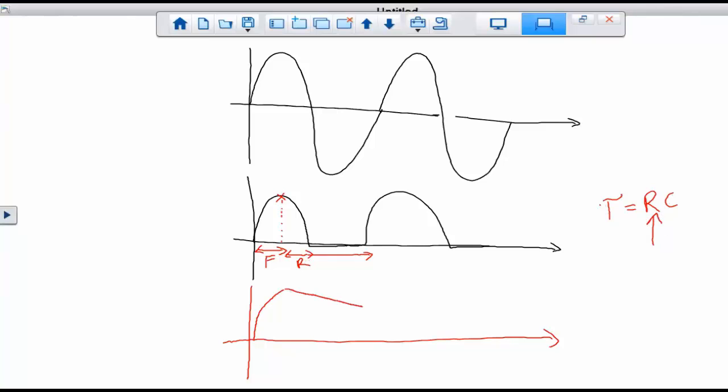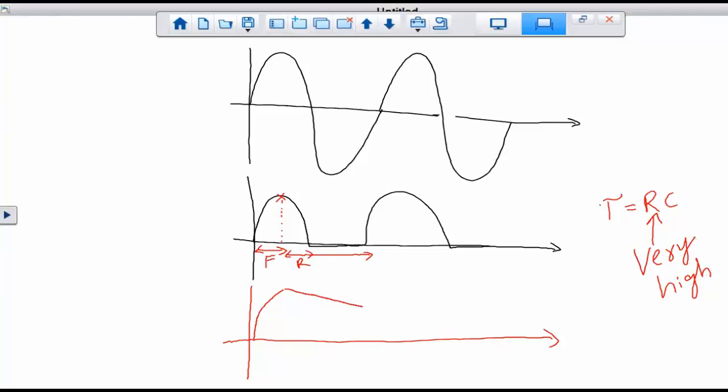Again, we don't want it to discharge, correct? Because we want that line to be held as fixed as possible, meaning that you need to have this time constant very high. That means it takes a lot of time for it to discharge.